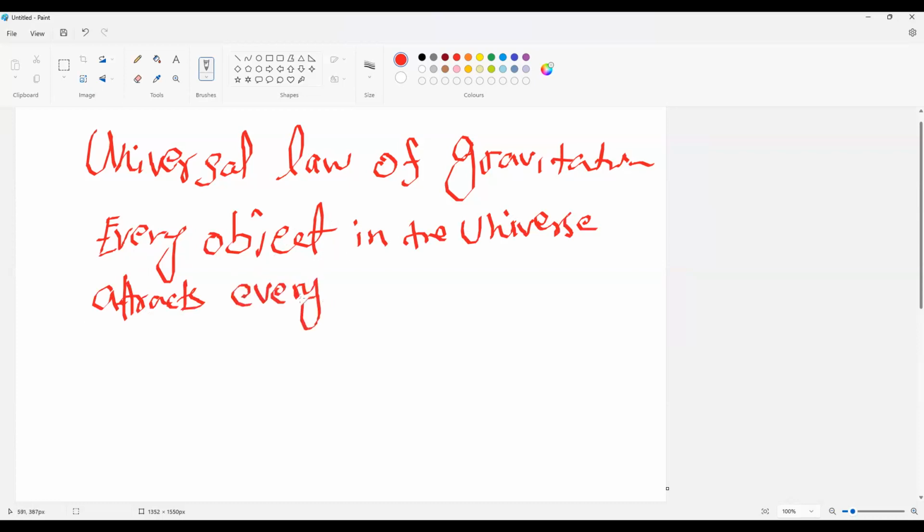So please do write the universal law of gravitation. In every exam, it is asked to explain the universal law of gravitation.